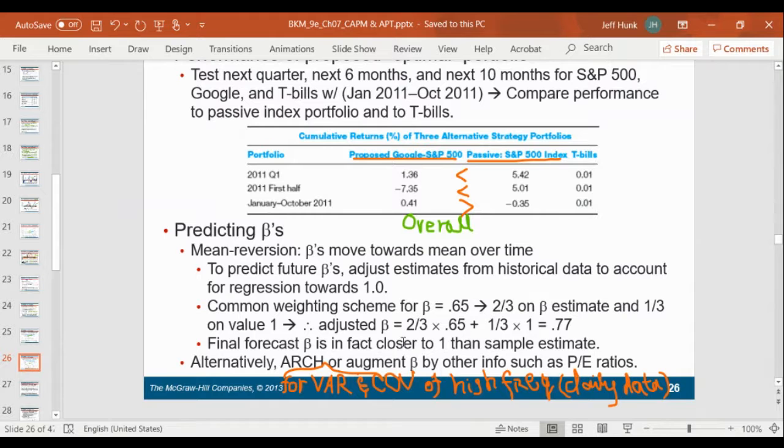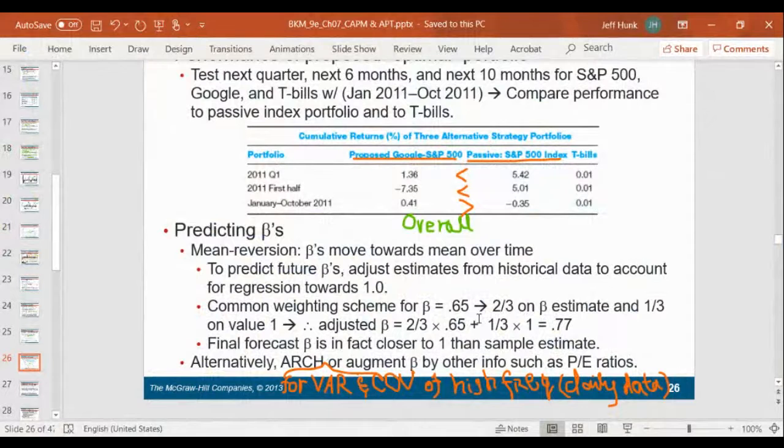So the adjusted beta would be like 0.77, right? We can also apply that to our Google's beta of 1.2, allocate 2/3 weight to 1.2 and allocate 1/3 weight to the market beta.